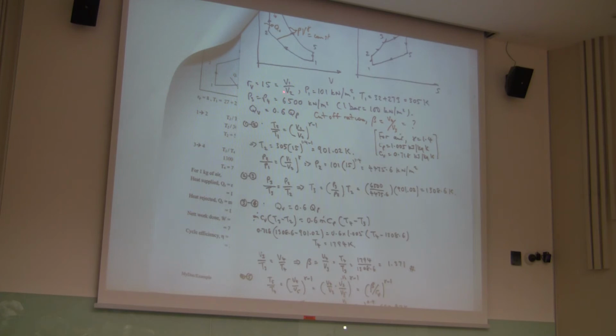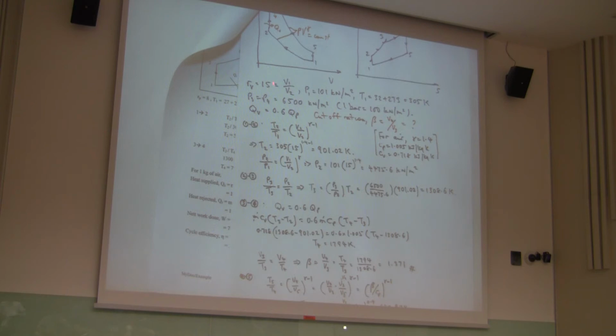Now for this one, these are the compression ratio given, pressure, temperature, absolute pressure in kilonewton per meter square. Again, when you use a formula, please make sure the units are consistent. Don't go and use bar for this.